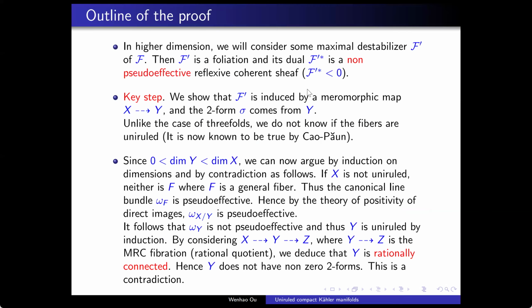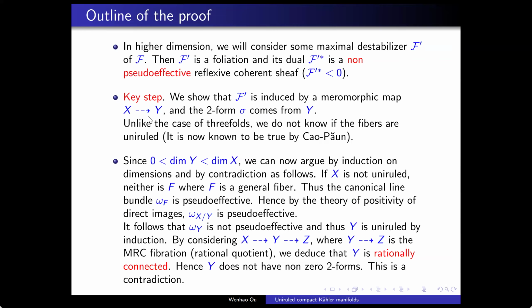And the two form sigma comes from Y. The reason is that F prime is the kernel of the contraction with the two form. So we can imagine that this two form must be 0 on the vertical direction of this rational map, because this vertical direction is just the foliation F. So the two form must come from the base Y.